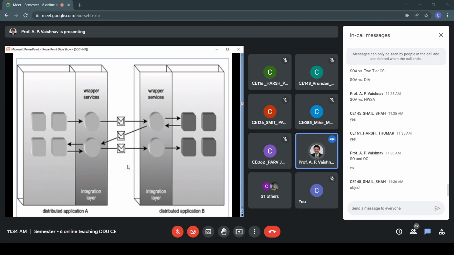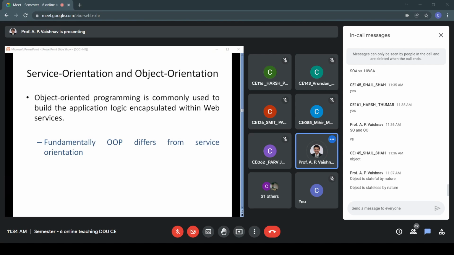If I say that an object is stateful by nature, and if I say that an object is stateless by nature, which is correct? First or second? Think about object, not a class. Is an object stateful or stateless? When you are handling one object at a time, can I say that it is stateful in nature?